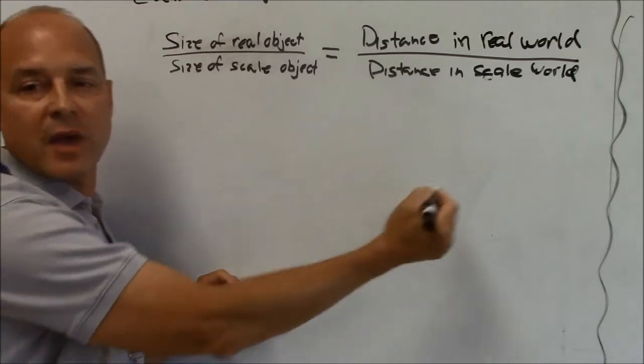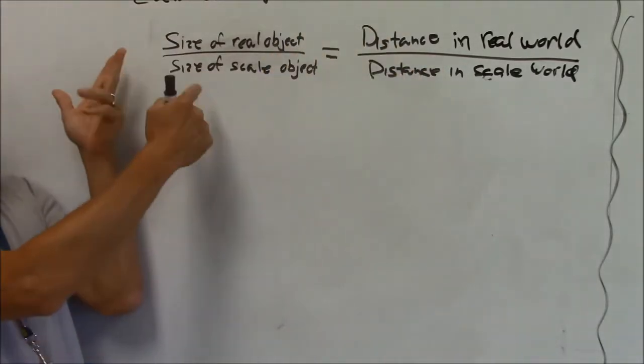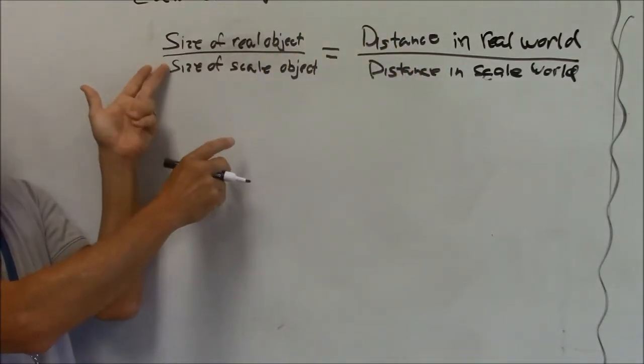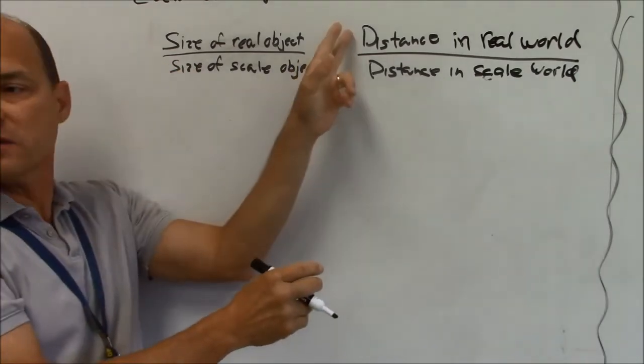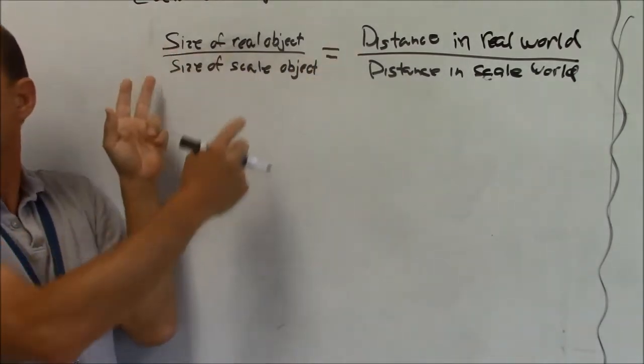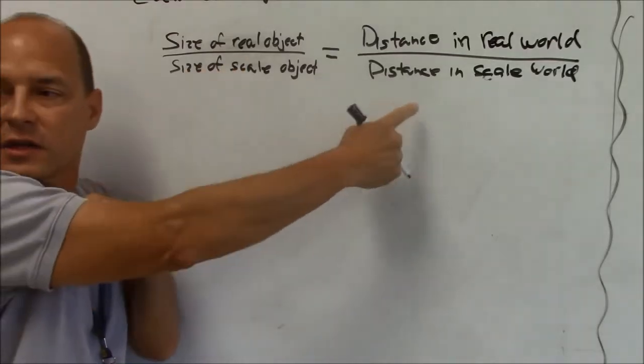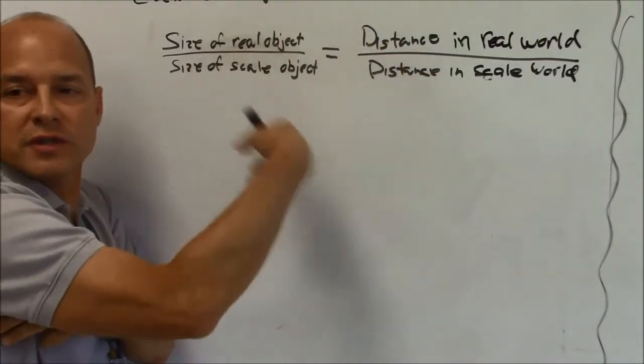So this is the information we have to work with, right? These are just scale factors. Size in the real world, size in the scale world. Distance in the real world, distance in the scale world. Those are both equal to the scale factor. So this is all true statements so far.